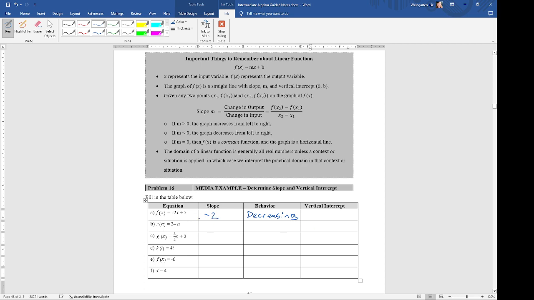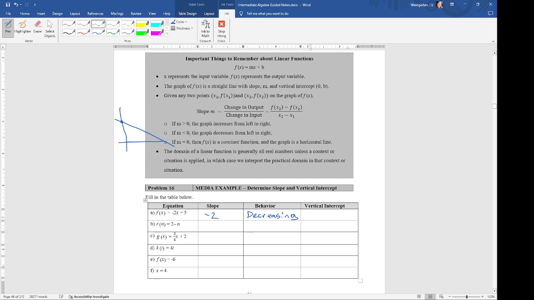How do we find the vertical intercept? The vertical intercept, if we were looking at a coordinate plane, if we're looking at a line that is decreasing, is where it crosses the y-axis. So in order to find the vertical intercept, x has to be 0.